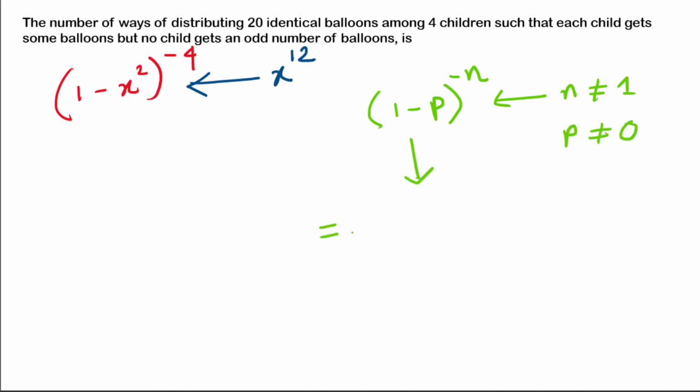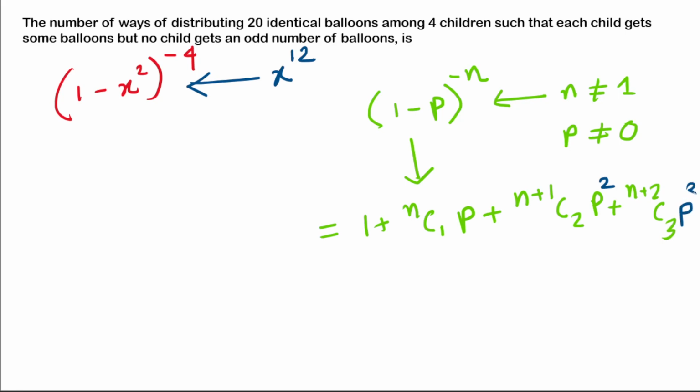If you want to expand this, the expansion is 1 plus nc1 p plus n plus 1 c2 p square, similarly n plus 2 c3 p cube. I will write everything in p. So in each case you start with nc1, and in each step you increase this and this by one.